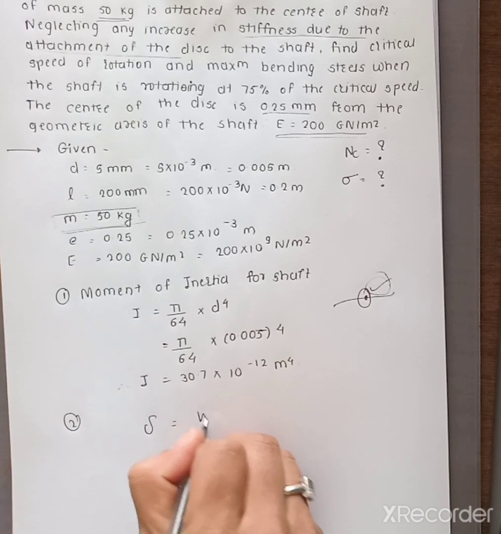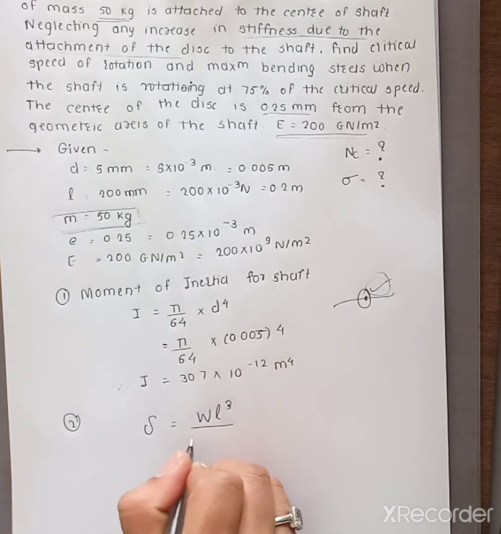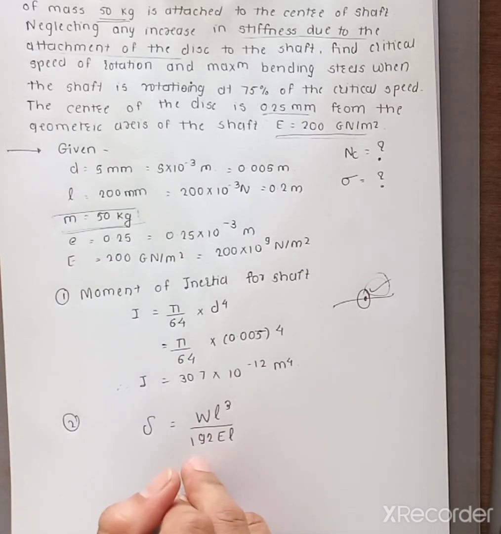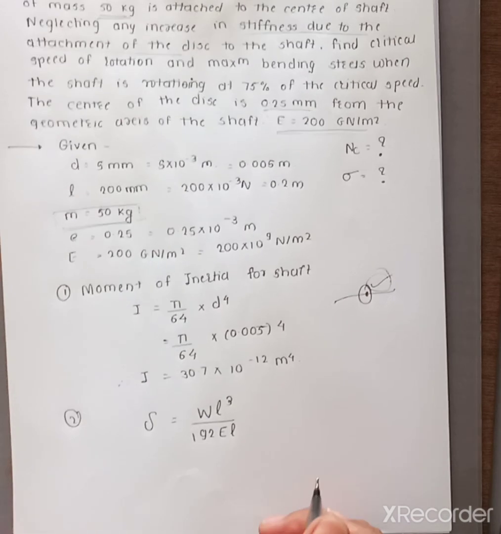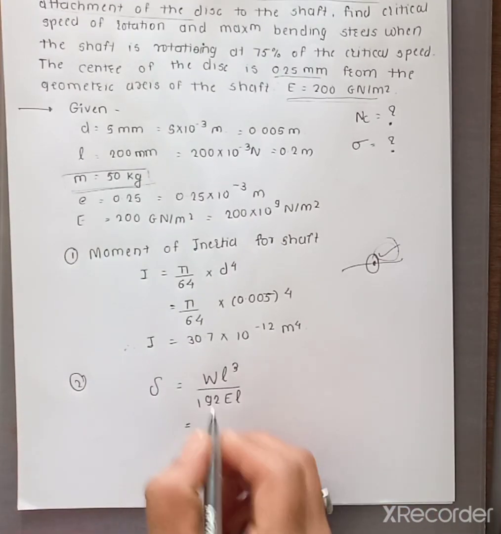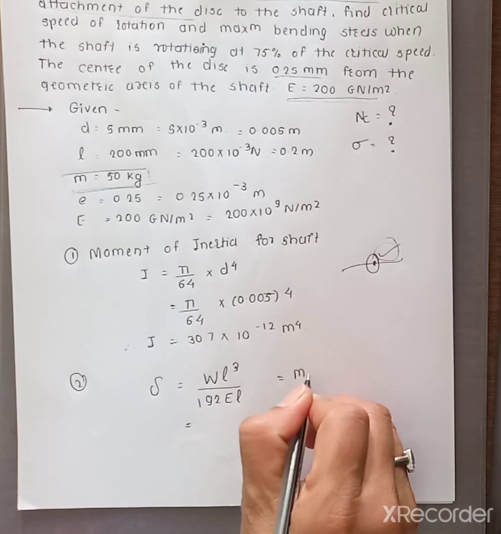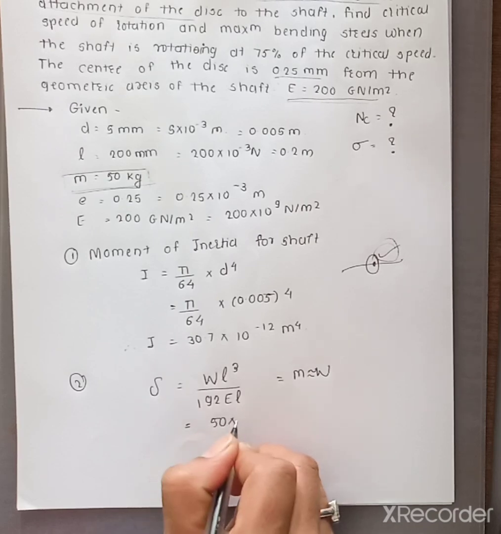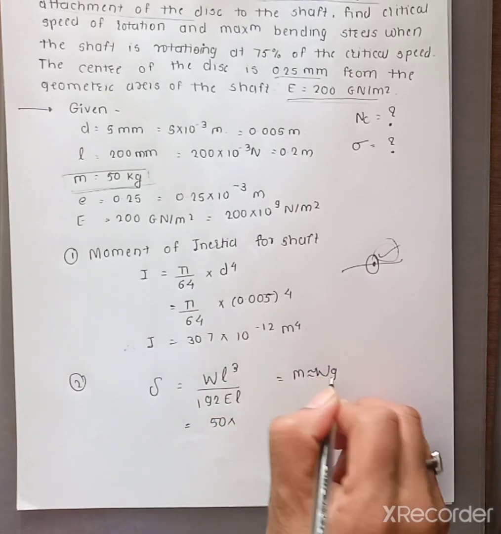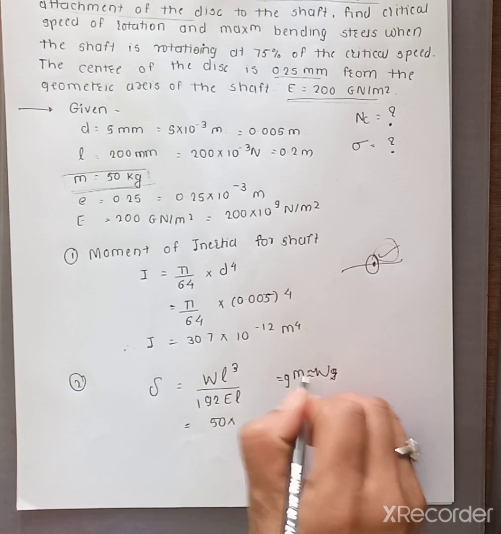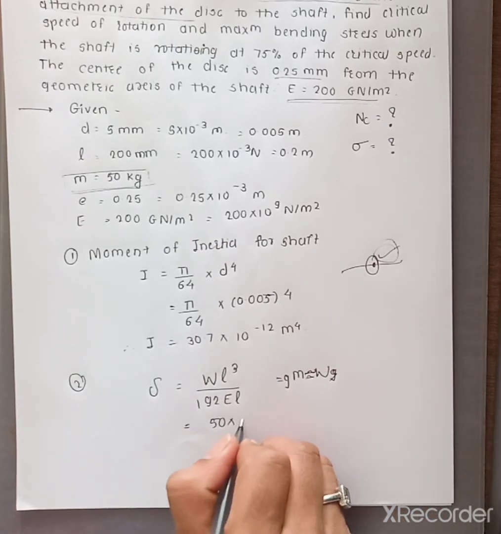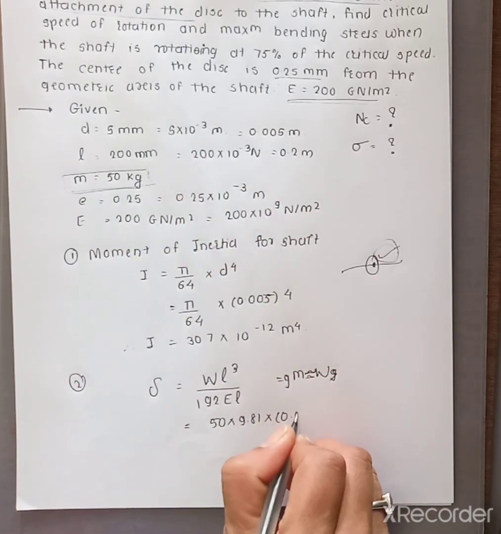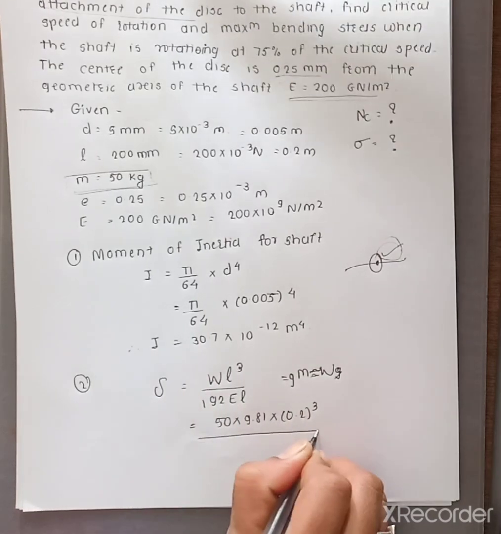We all know the value of static deflection: delta is equal to W L raised to 3 upon 192 E I. We have seen the derivation of this formula in mechanics. We will put the values. Here W is nothing but mg, so 50 into the value of g, 9.81, and L is 0.2, cube of length, upon 192.